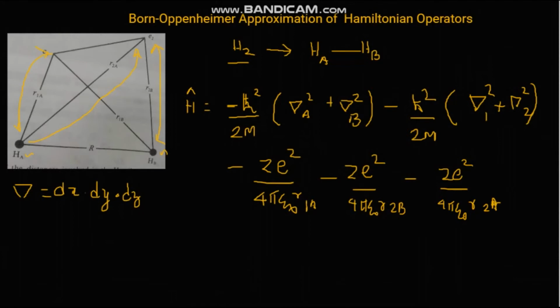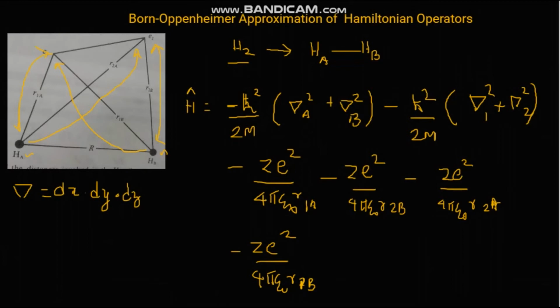There is also a possibility of attraction between this nucleus and that other electron, which also has to be added. That is Z into e square by 4 pi epsilon naught r1b.